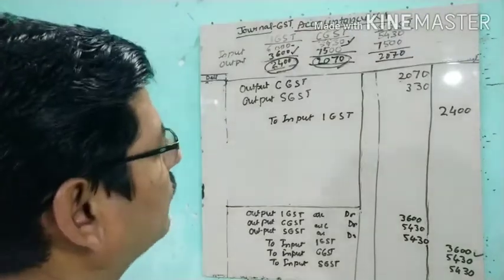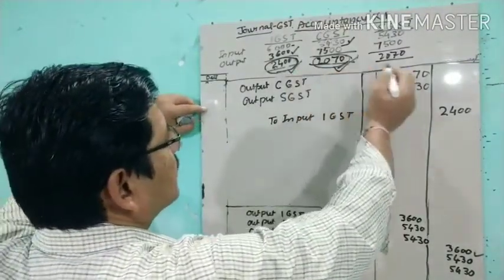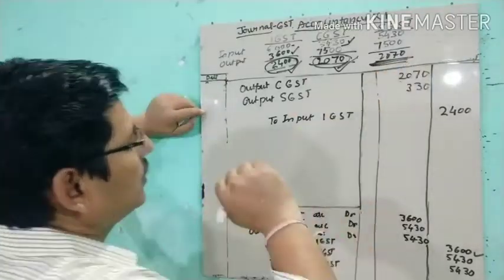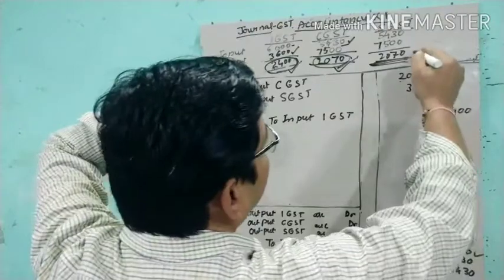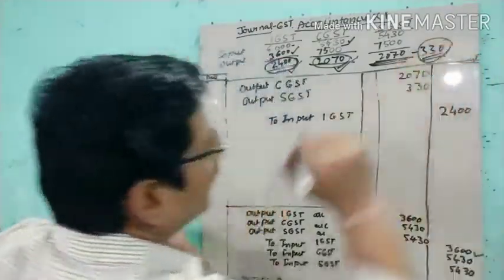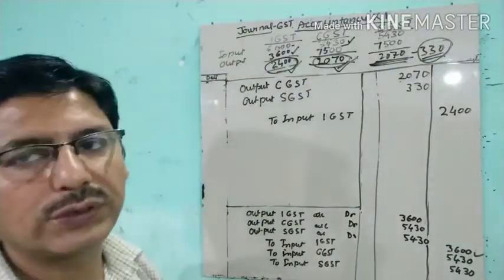Now which amount remains? This complete money is adjusted, this is adjusted. But here still some SGST amount remains, because only 330 has been adjusted with that. Now the remaining amount will be deposited in the government account.